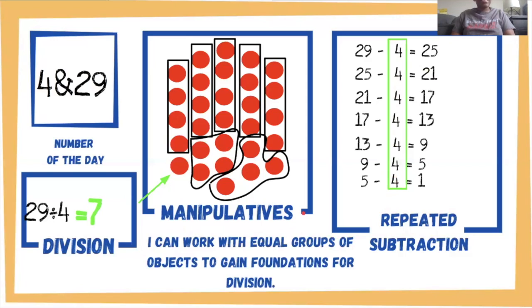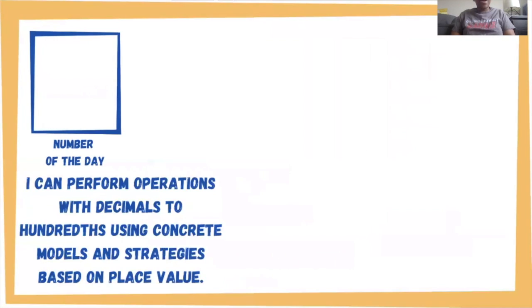So 29 divided by 4 is about 7, but we still had this one counter left over, and we call that counter a remainder. So 29 divided by 4 is actually 7 with a remainder of 1. Great job, middles.